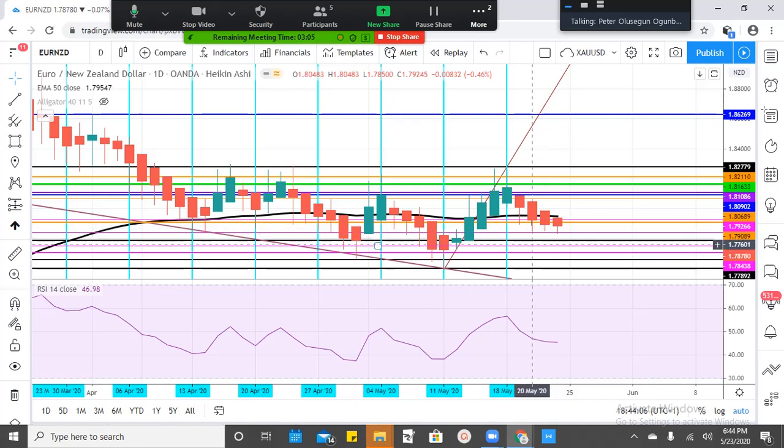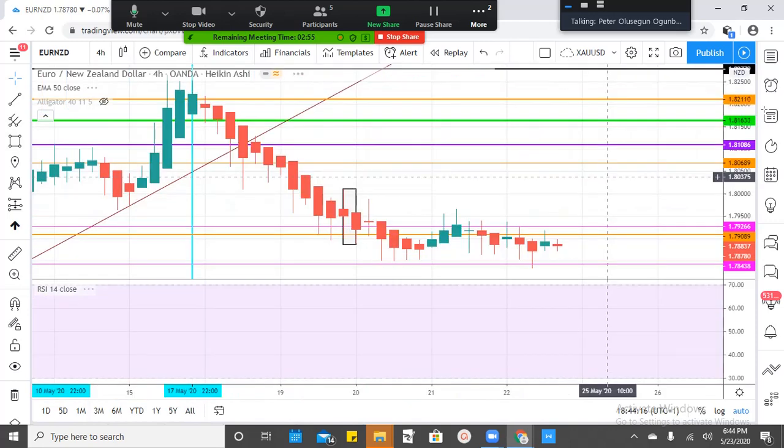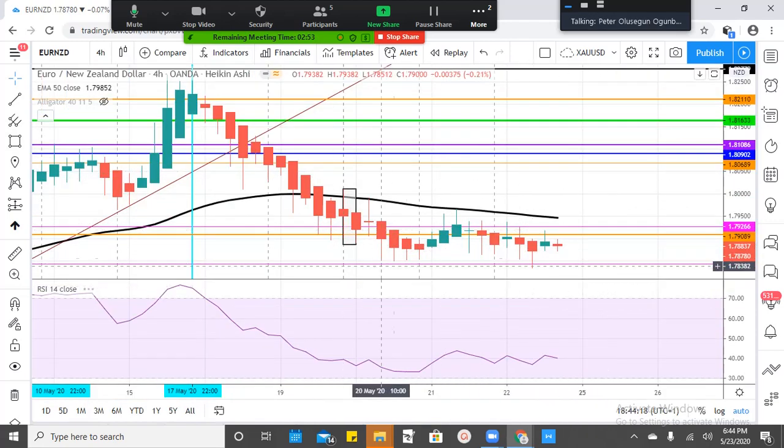But the sellers cannot go beyond this. So we have to wait patiently for the formation on Euro NZD. Currently they are consolidating, but I think after this consolidation, they are going to sell more, not buy. This will be a wrong call.